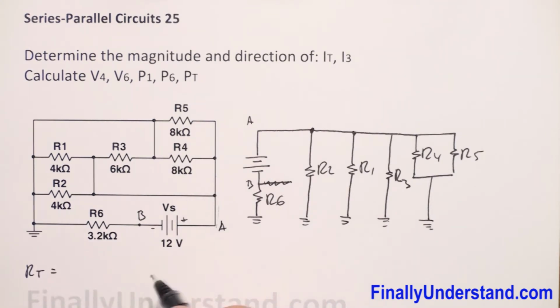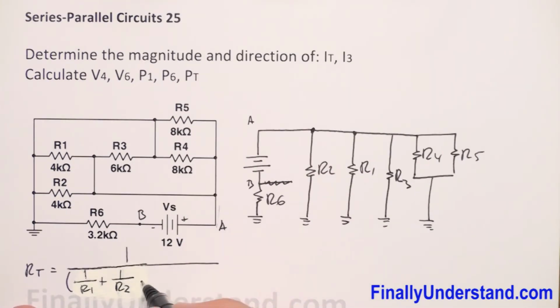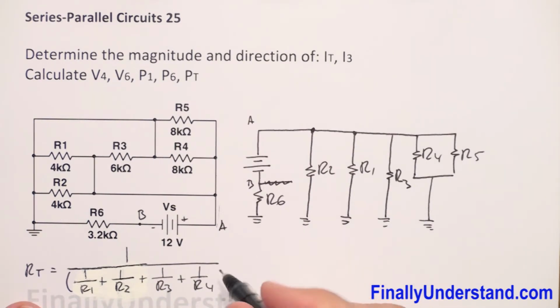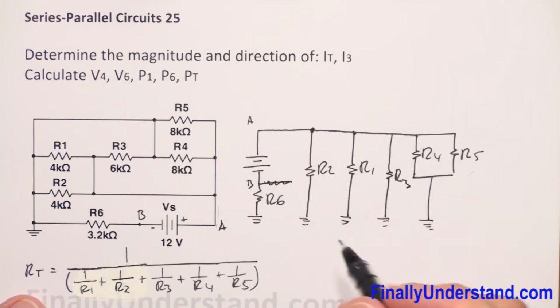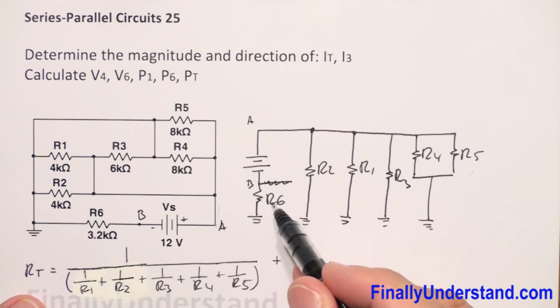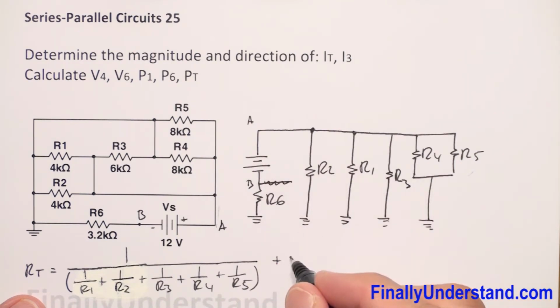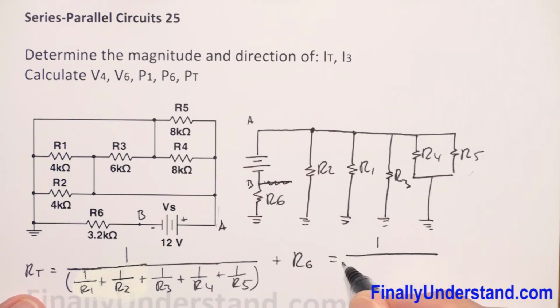R total is equal to 1 over (1 divided by R1 plus 1 divided by R2 plus 1 divided by R3 plus 1 divided by R4 plus 1 divided by R5), okay, and these are the 5 resistors, plus the resistor which is in series with all of them, right? So plus R6.